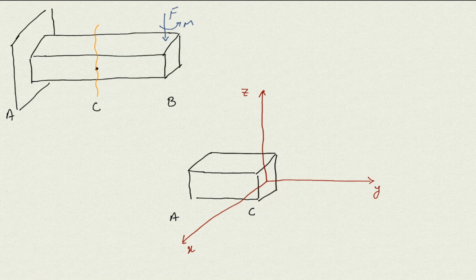Assume I have one along the y-axis, so I would call it ny, one along the x, so it's nx, and there's another one here, nz. So I have these going along the x, y, and z axes.